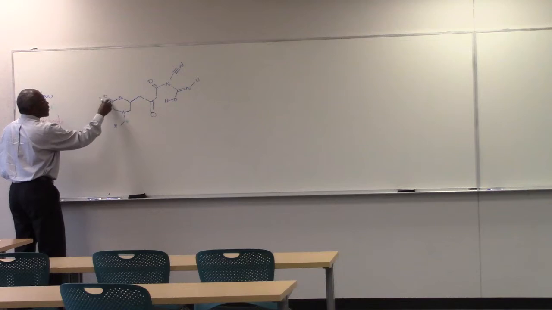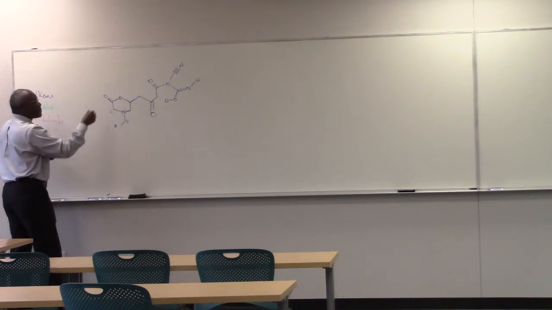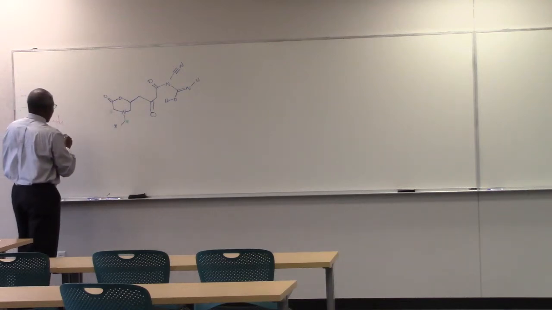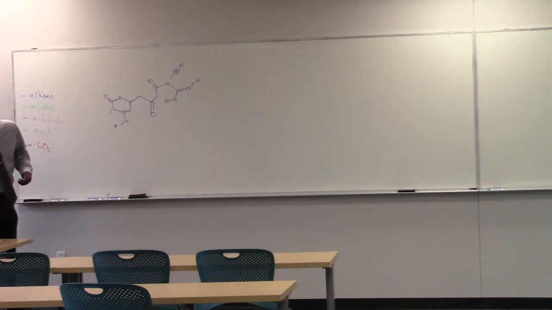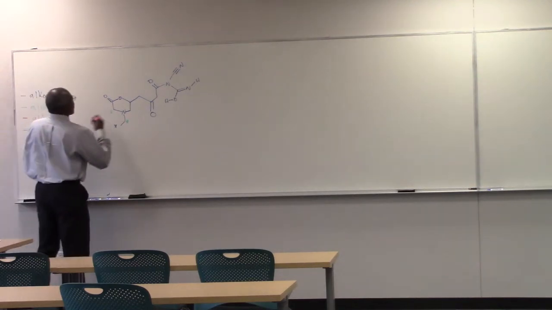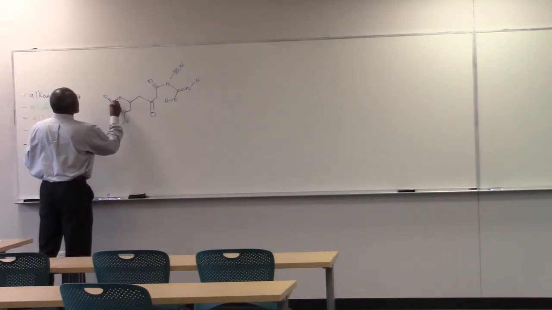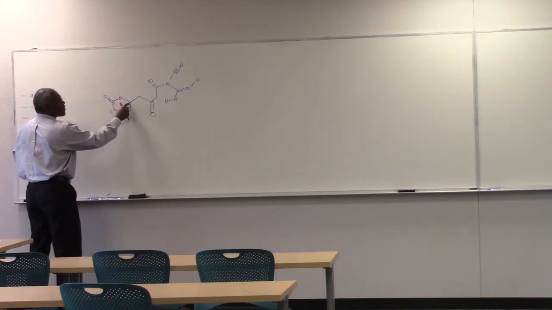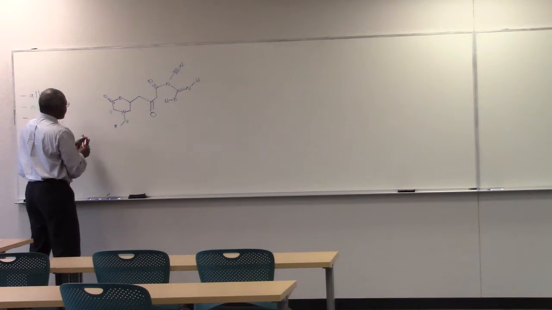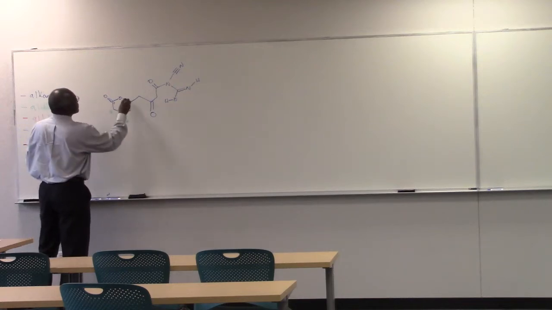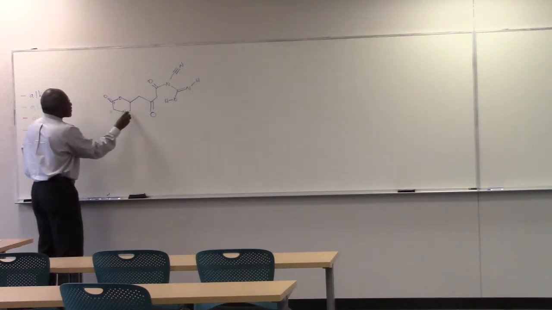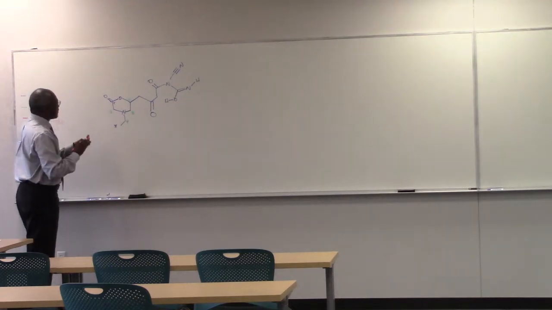This carbon has 1, 2, 3 bonds to heteroatoms, so that's at the acid level. This carbon has 1 bond to a heteroatom, so that's at the alcohol level. This carbon also has 1 bond to a heteroatom, that's also at the alcohol level.